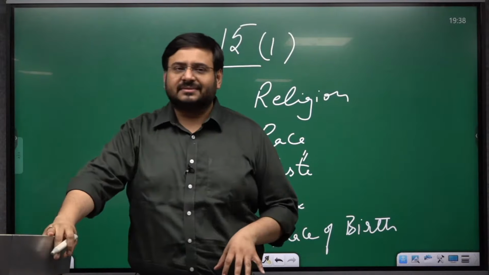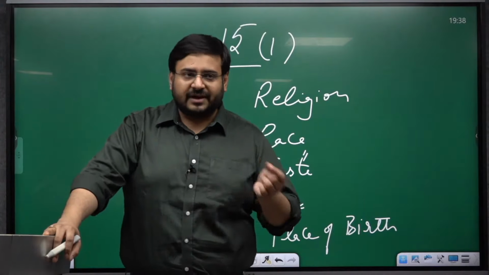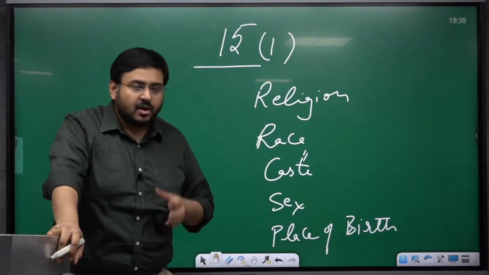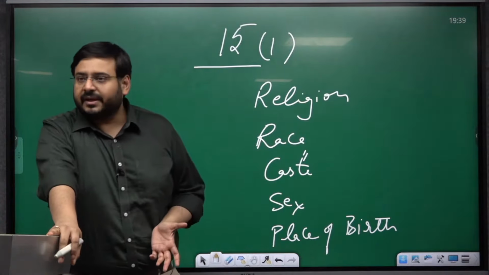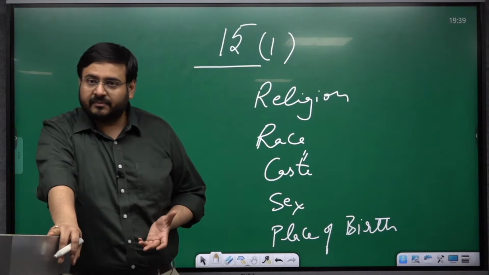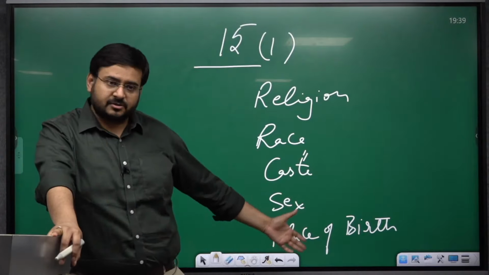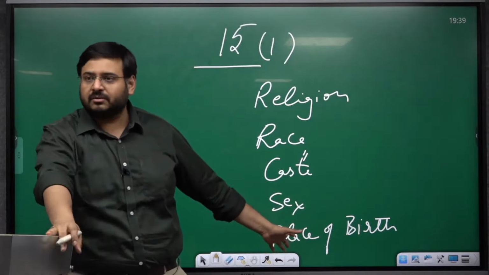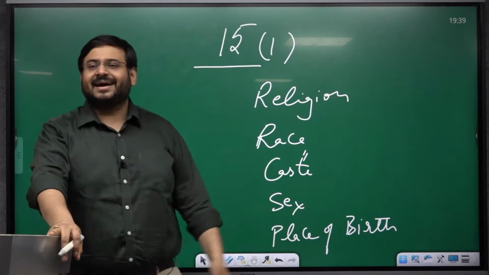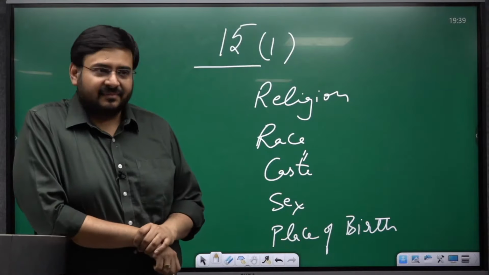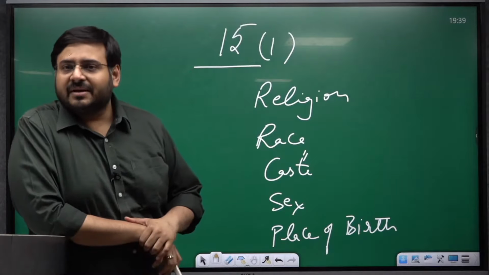Article 15(2) says any person shall not discriminate against a citizen on the grounds only of religion, race, caste, sex, place of birth while visiting a public place, public well, hotel, restaurant. Only on these grounds. Sometimes students read this much only, then they go to OYO, they say no, you are not allowed, article violation, Article 15, hotels and restaurants is written, but age is allowed. Any person can discriminate on the basis of age.